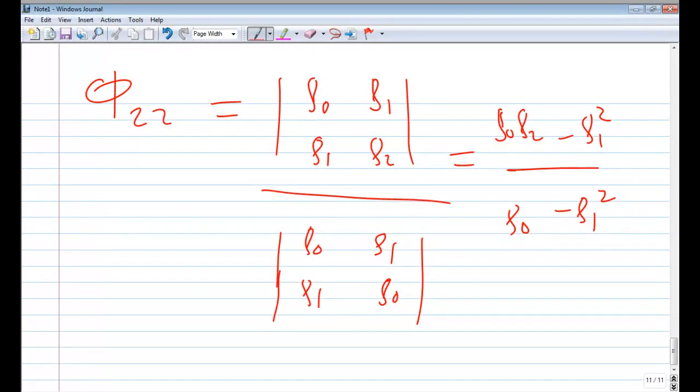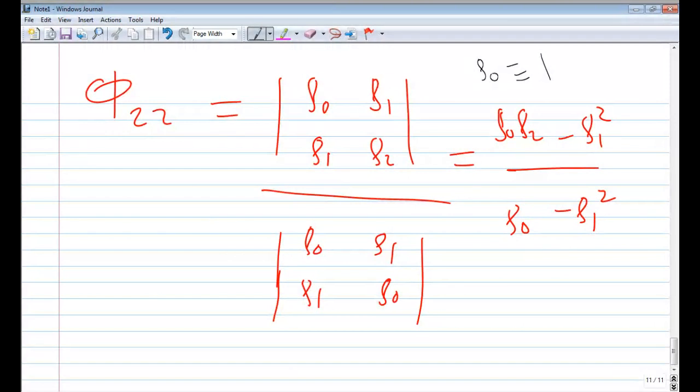Are we together? Are you familiar with this? Okay. Now, you know that from the properties of autocorrelation functions, row 0 is always equivalent to 1, so you can substitute it.